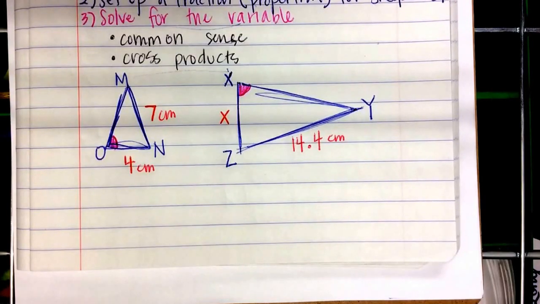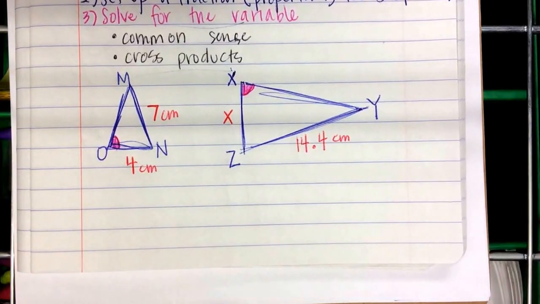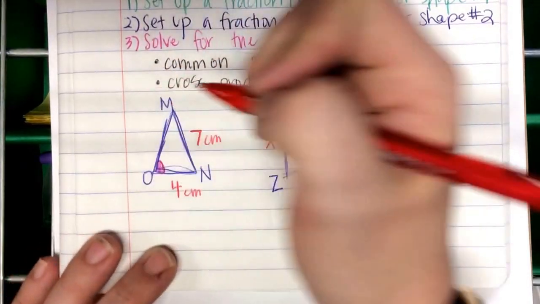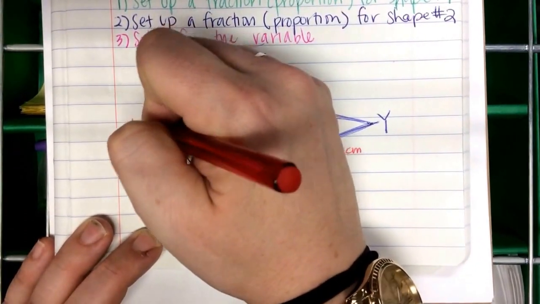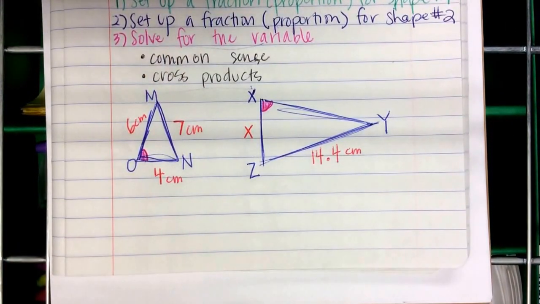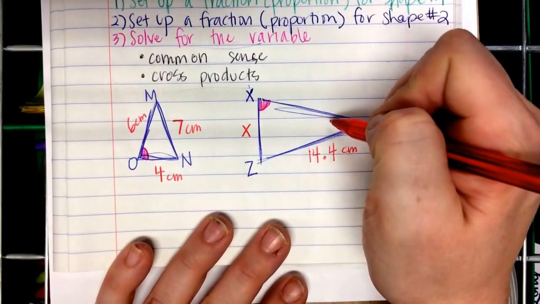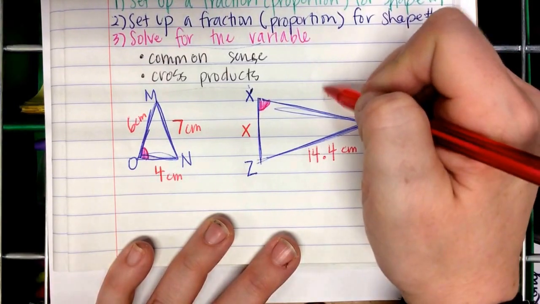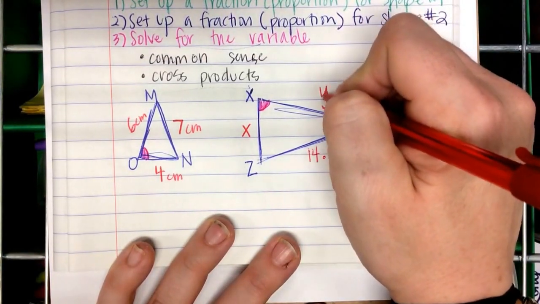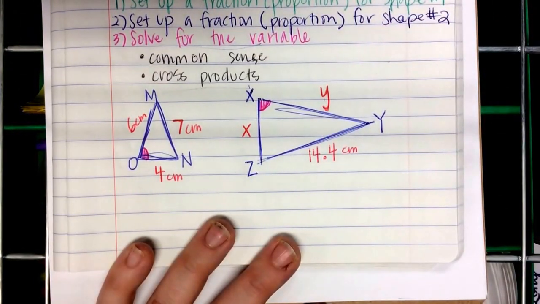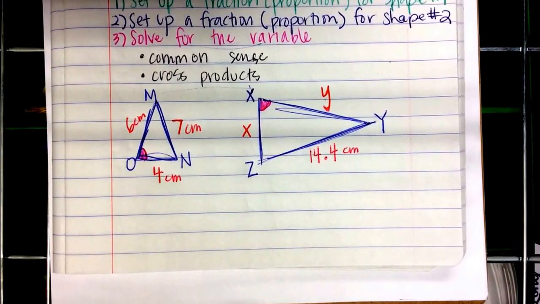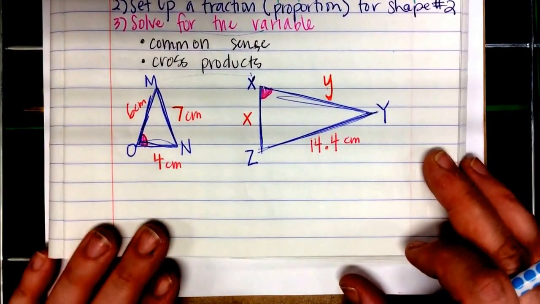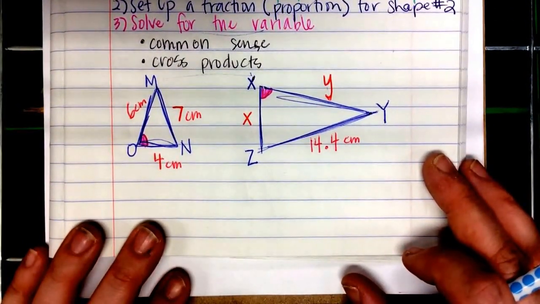And what if I also said, let's put a little more detail on this one. This one is 6 centimeters. And this one is Y. All right, let's first make a list of all of our proportions, our ratios.